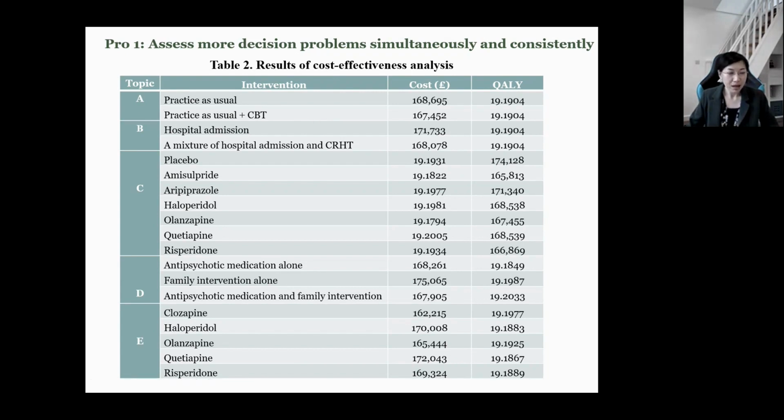Also, because my whole disease model was developed on the same platform and the same set of input data, all the results coming out from my model are consistent.